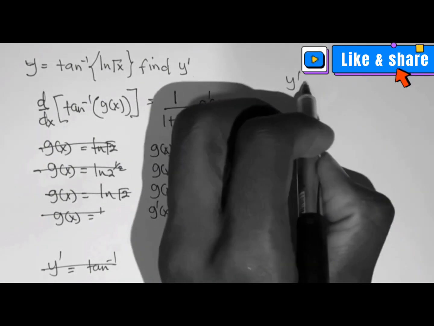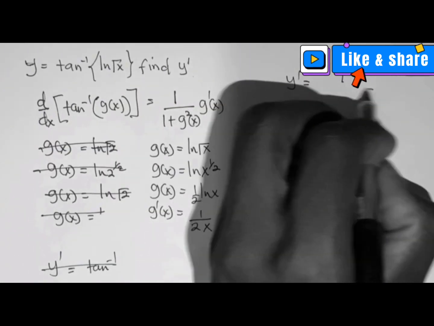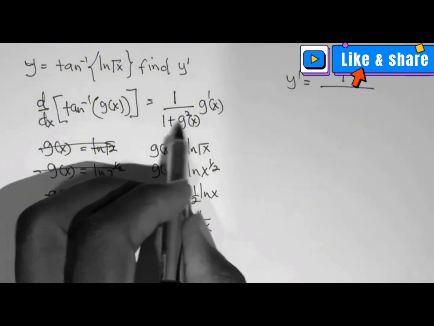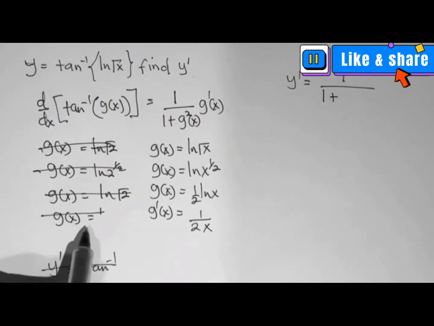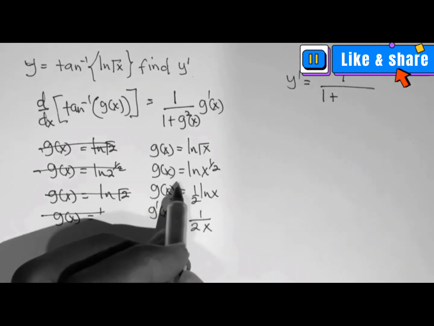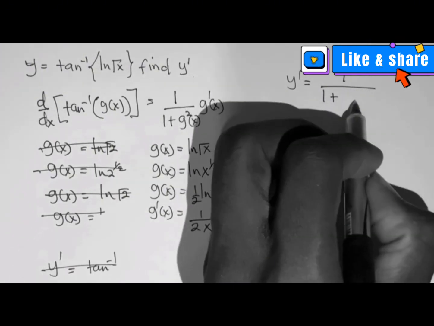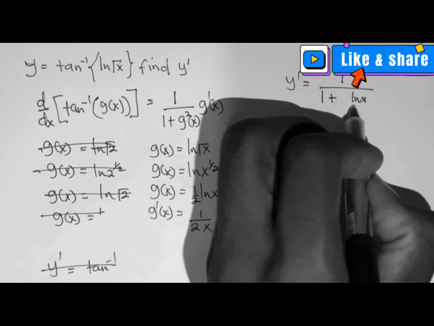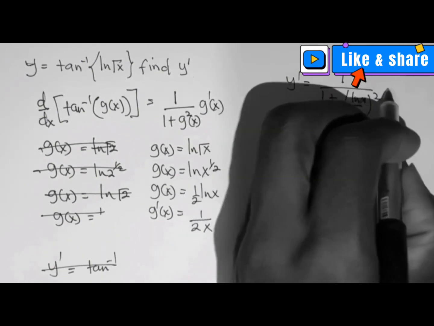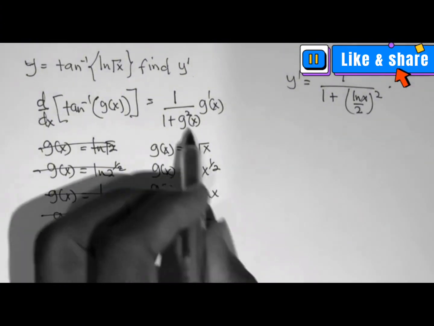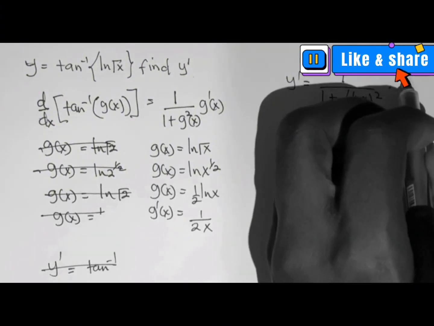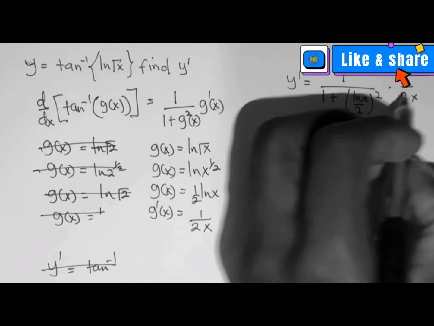So we can then put it into the formula. And this becomes 1 divided by 1 plus g of x, which is half ln x, so ln x over 2 all squared, then times g prime of x, which in this case is 1 over 2x.